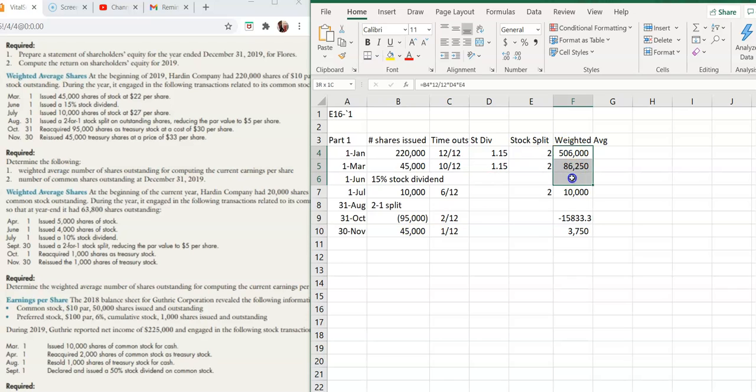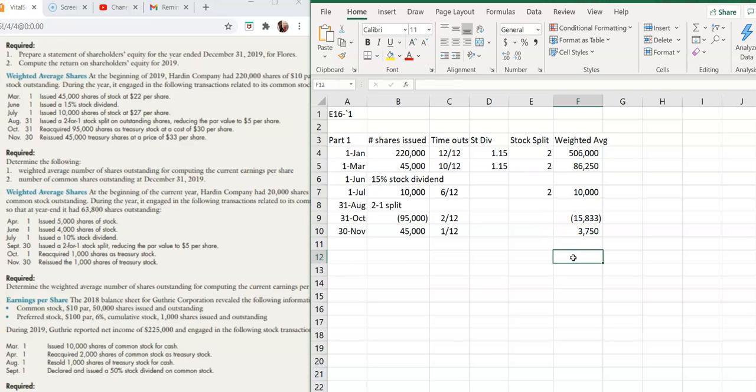Then you just sum it up, and that is my weighted average shares of common stock outstanding.